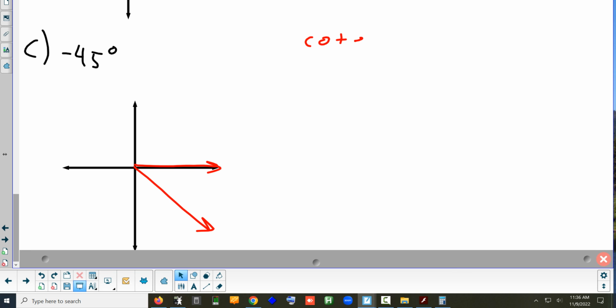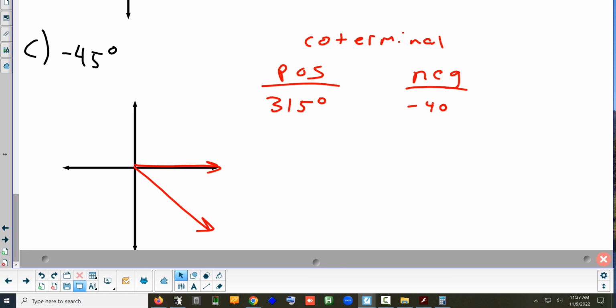Okay, so coterminal and positive: 315. And how about negative? Negative 405. Questions on it?